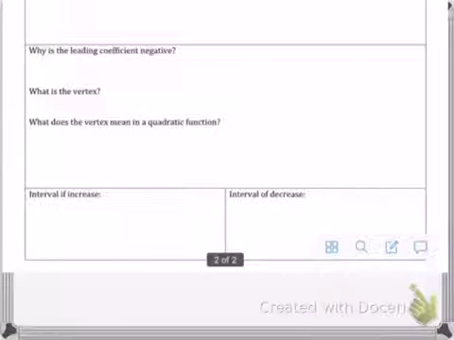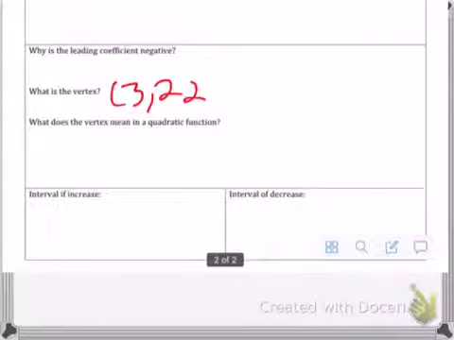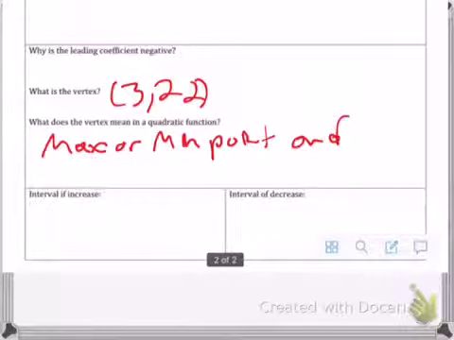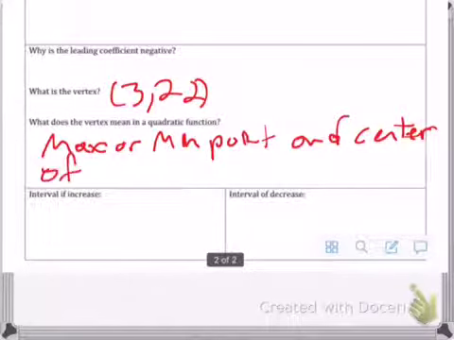What is a vertex? 3, 22. What does a vertex mean in the quadratic function? Max or minimum point and center of function.